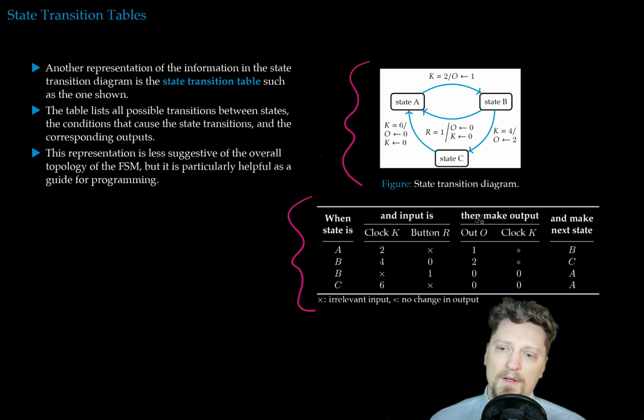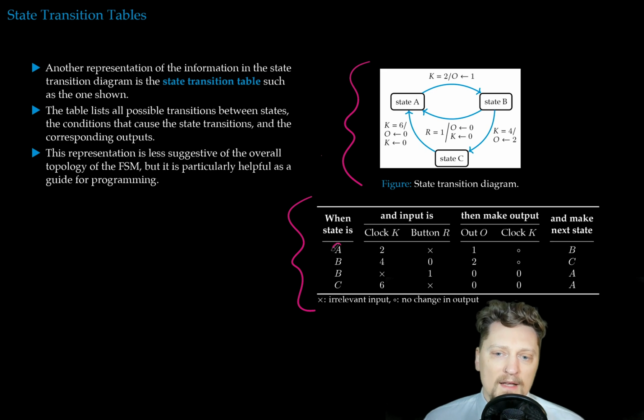Then make the output O, output K, this and that, and make the next state this or that. Now, we have X representing irrelevant input. So the input in that case would be irrelevant for making the decision to transition states. And the small circle is no change in the output.